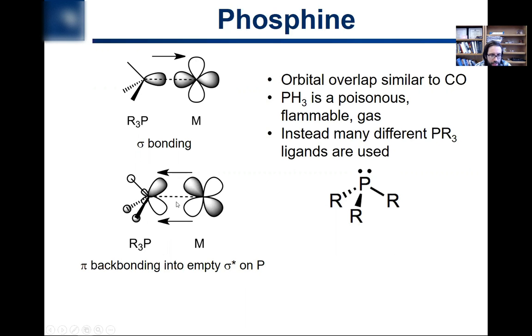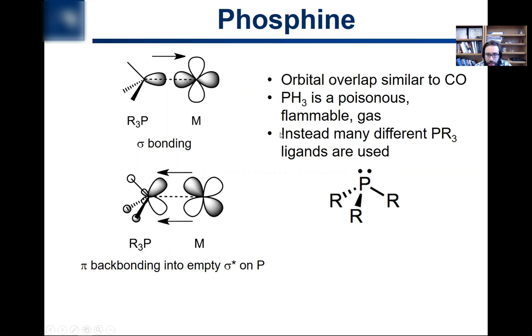So this is still called pi back bonding because it still has pi symmetry, even though it came from a sigma star orbital, an anti-bonding sigma star in the MO diagram for phosphine, right? It still requires pi type symmetry where two lobes are overlapping, one set of lobes and two set of lobes, so it's still pi back bonding.